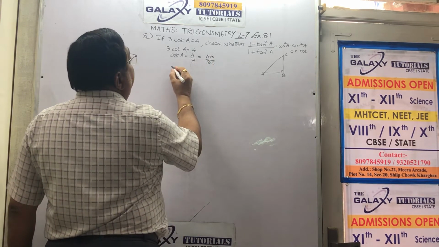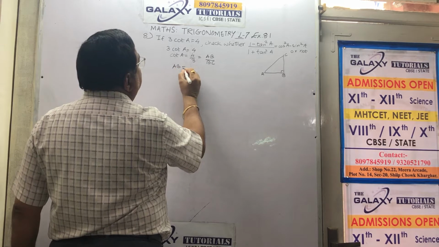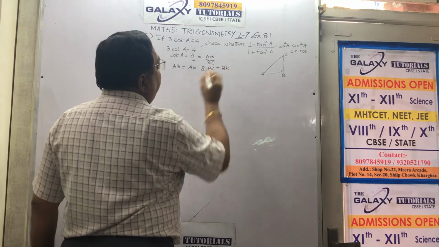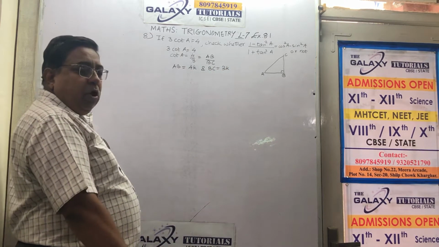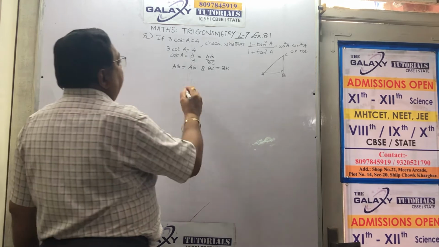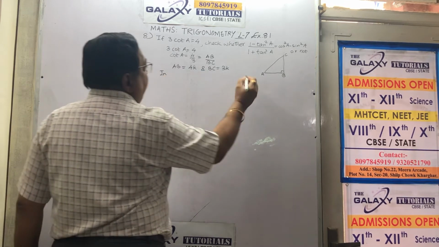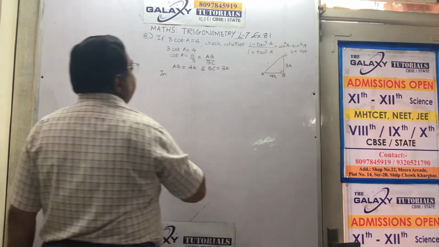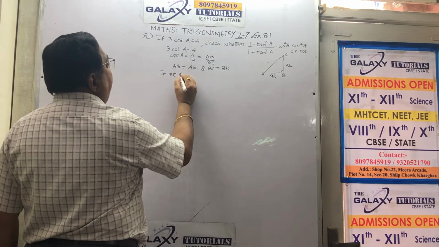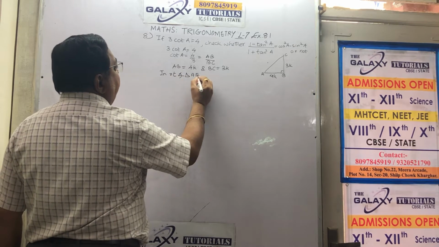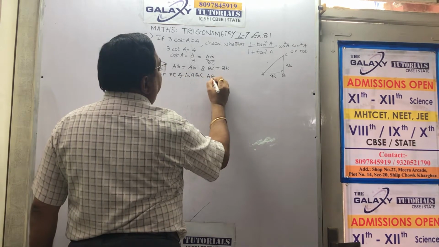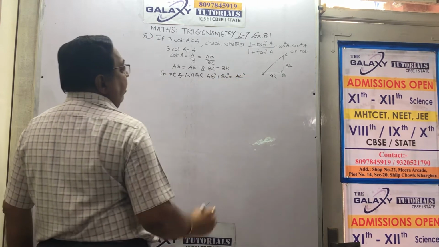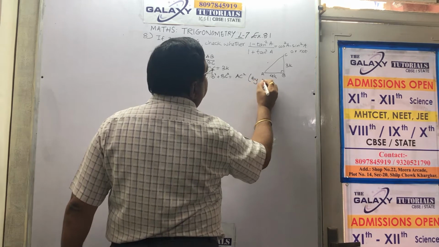Now, I have AB is 4K and BC is 3K. Let the sides be some common multiple K. I need to find AC. In right angle triangle ABC, AB square plus BC square is AC square by Pythagoras theorem.